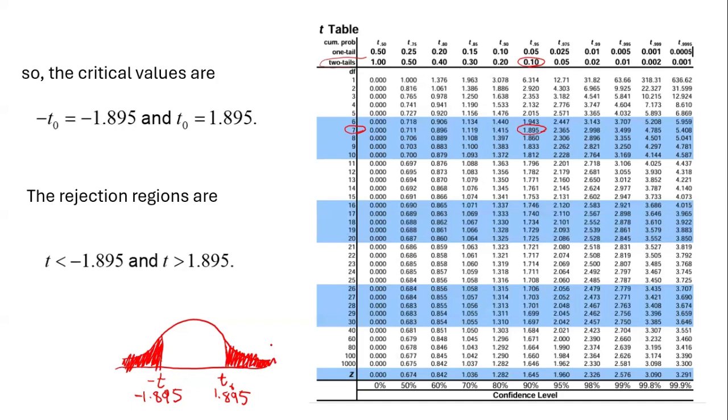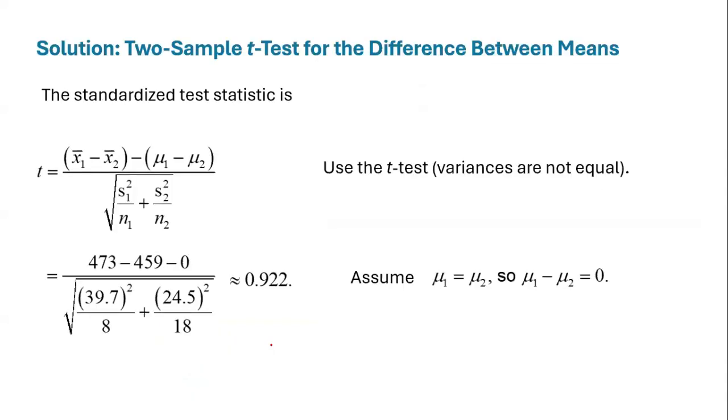So we know the formula. When variances are not equal, we're going to use this formula. And in this formula, we replace numbers for x1, x2, s1, s2, n1, and n2. X1 bar means the first sample mean. X2 bar means the second sample mean. Mu1 minus mu2 is always 0. Why?